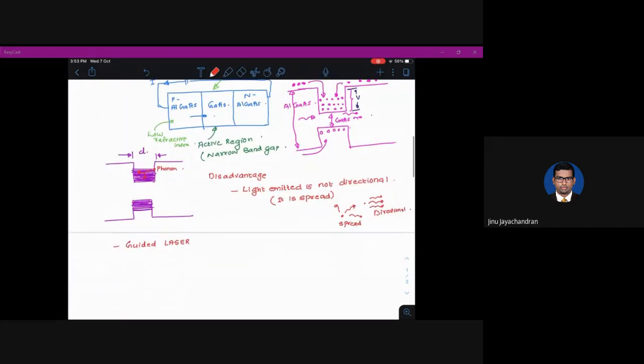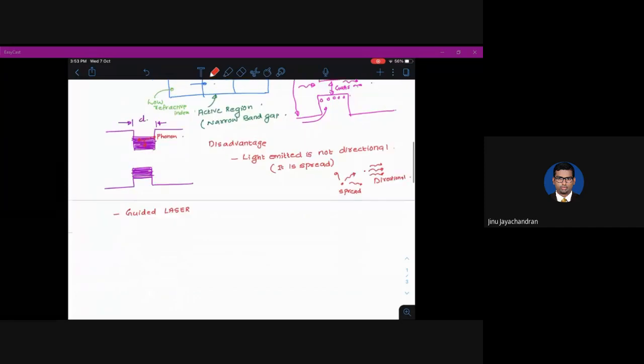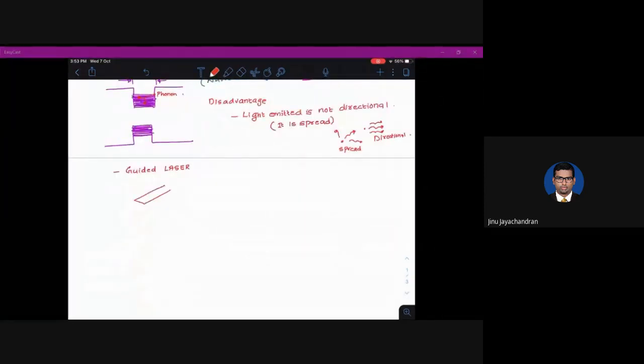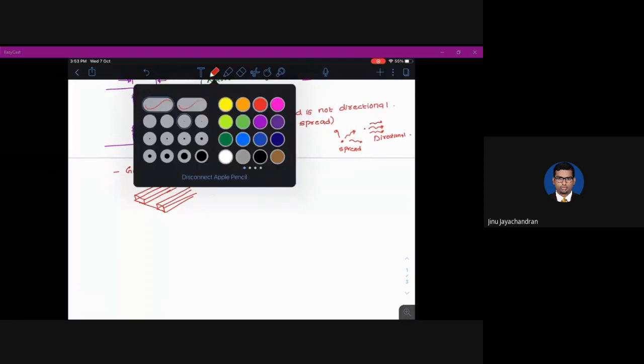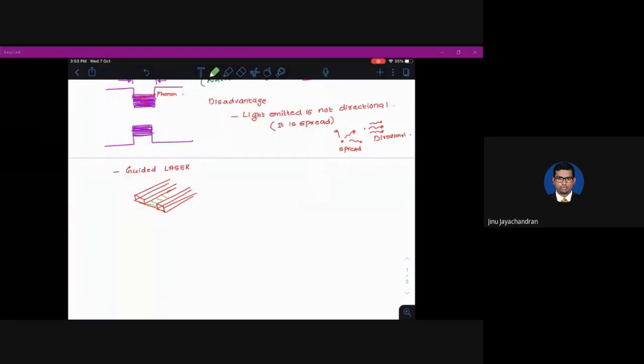Okay. So it is something like this. You have a material like this, and the material is completed like this. It's like a top view. So there's a small gap here, and you can complete the material like this.